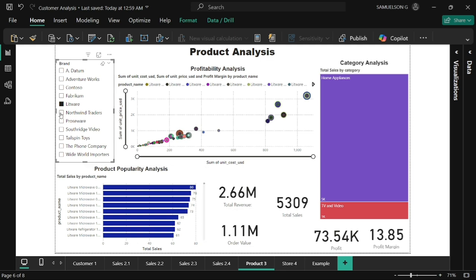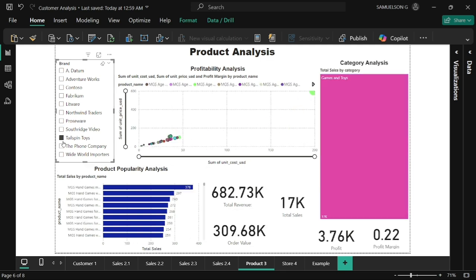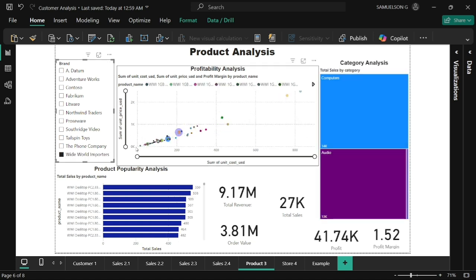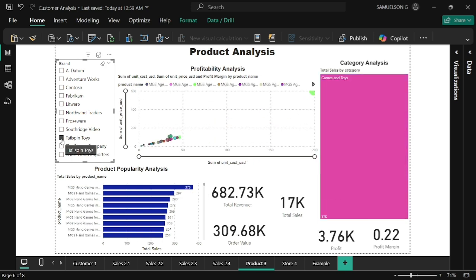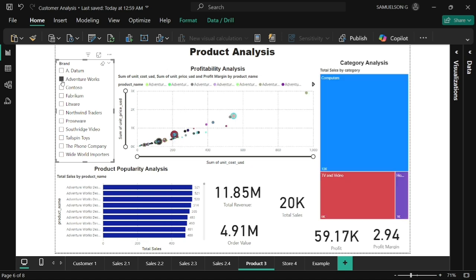Toys in the stores. Okay, total sales, so you can consider it. Instead of toys we can get this one, Adventure Works computers. You can see here in Adventure Works the product names.